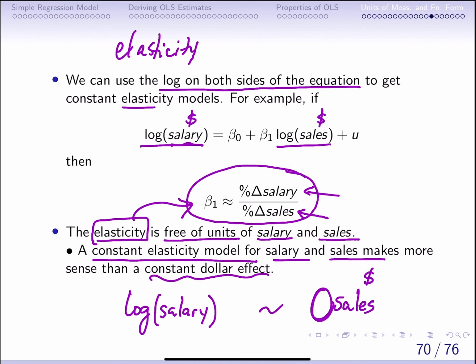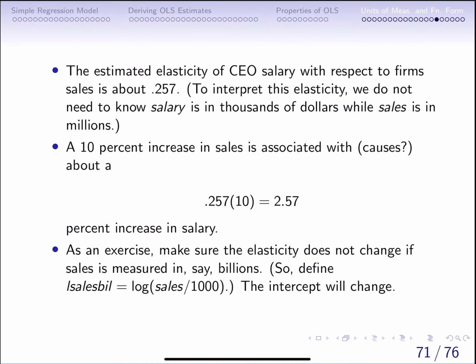This would mean that if this was, let's say, 0.09, then we would say a $1 increase in sales would increase salaries by 9% on average. And still this doesn't make any sense because one variable is in percentages, one variable is in dollars, so you might as well convert both in dollars.